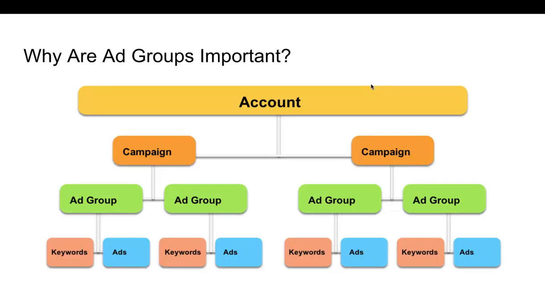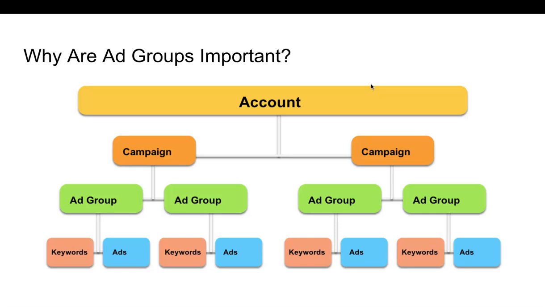Okay? So, why are ad groups so important? Ad groups do more than just organize your campaign. They shape how your ads appear, which keywords trigger your ads to appear, and they also control where your visitors land after they click the ad, right?